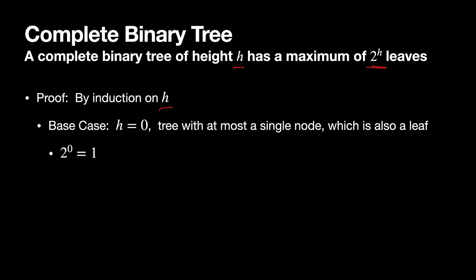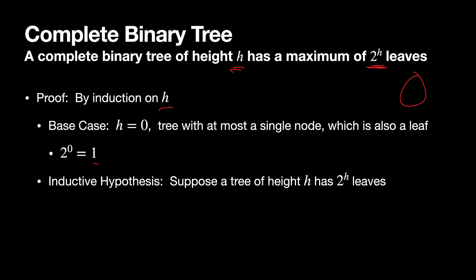We know just from the definition of our trees that a tree of a single node has a height of 0, and that node is also a leaf, just by the definition of what a leaf is. Okay, so that's our base case. A single node will have a height of 0 by definition, and it will be considered to be one leaf, which is the maximum number of leaves you can have at that height.